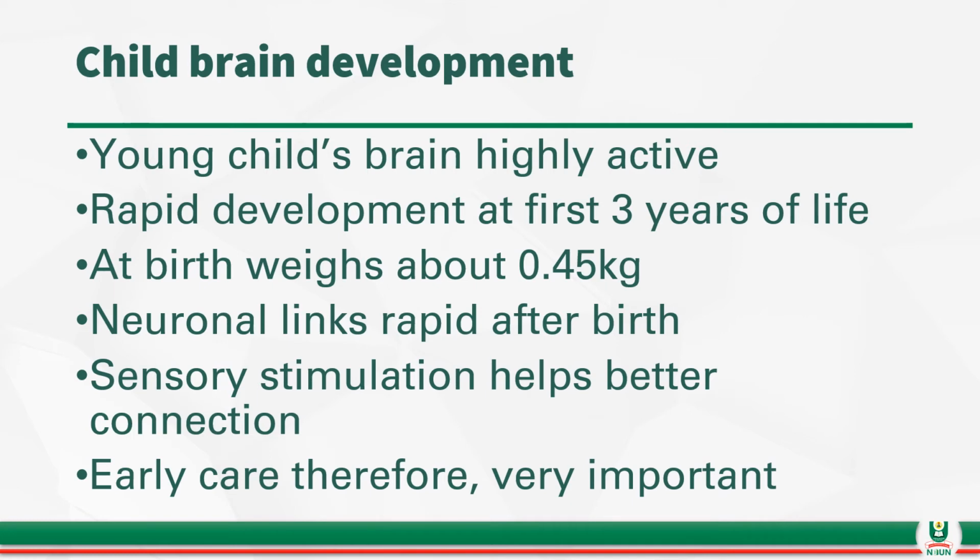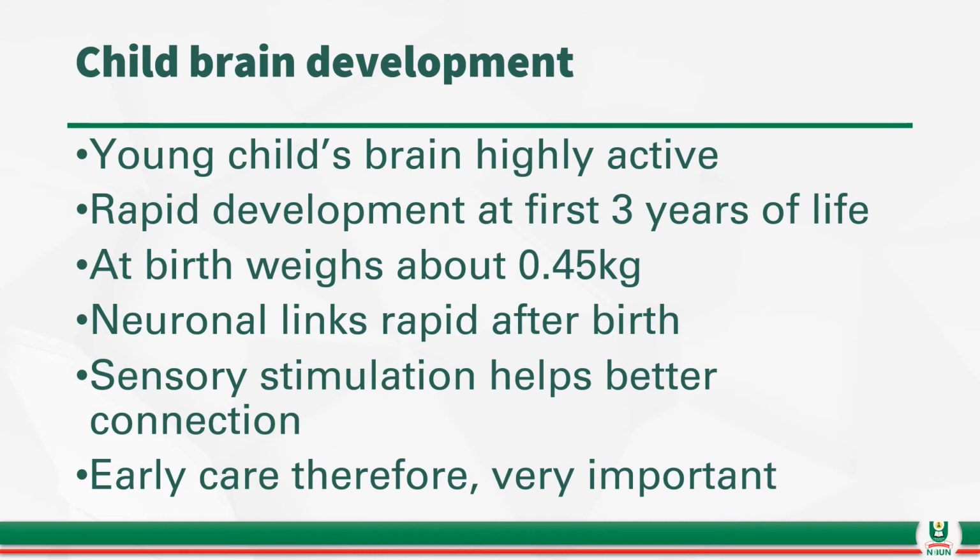So here we are. A young child's brain is usually highly active, very, very active at such a young age. And they develop rapidly, especially in the first 3 years of life. At birth, a child's brain will usually weigh about 0.45 kg and has links of neurons that develop rapidly after birth.